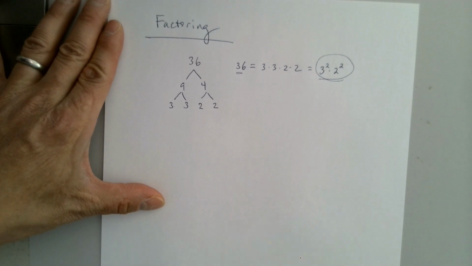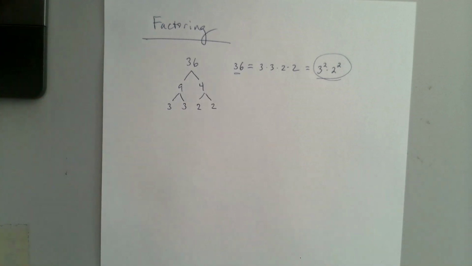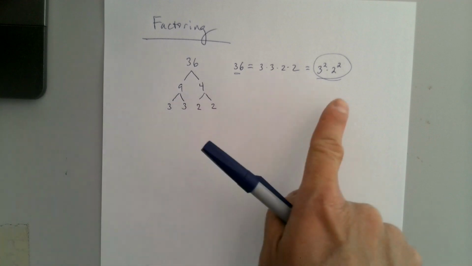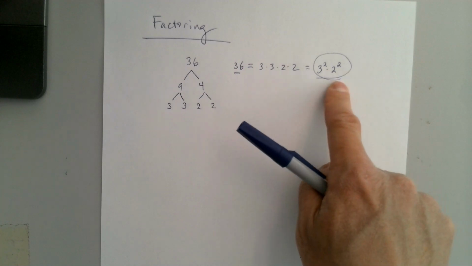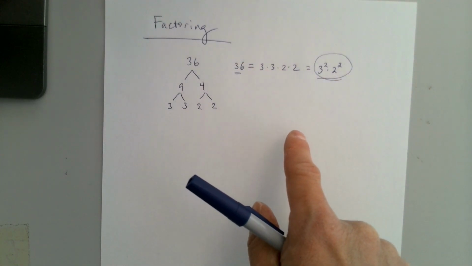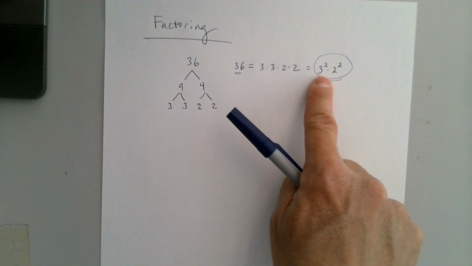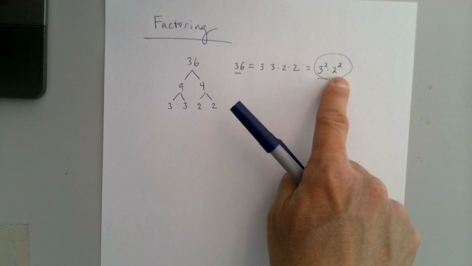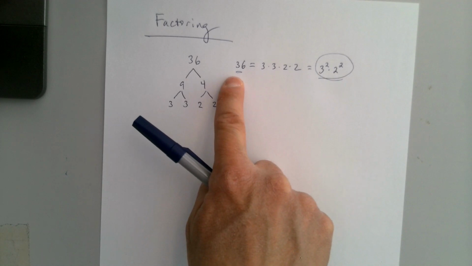If you break any person down and look at their DNA, you will see the little pieces of DNA that make up that person. And that's what we're doing when we look at the factorization of a number. We're looking at the essence of that number. There is no other number in the world, even in the universe, that has a DNA of 3 squared times 2 squared. 3 squared times 2 squared can only equal one number, 36.